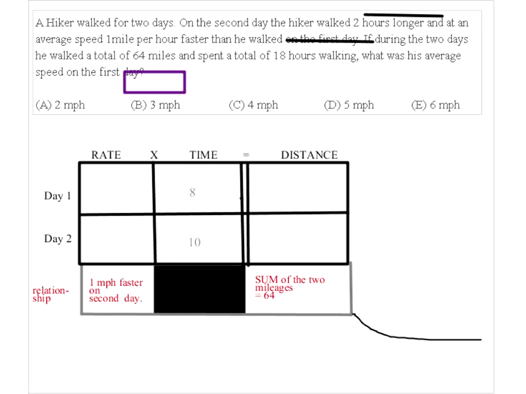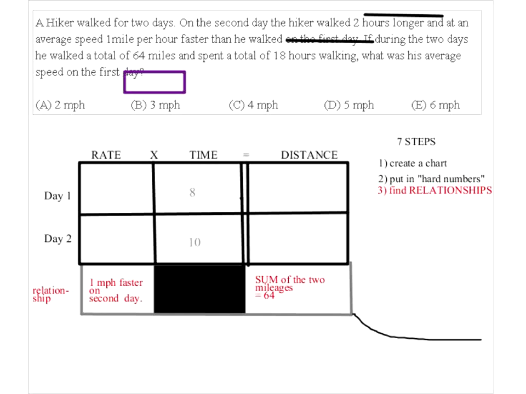So let's give a brief summary of the 7 steps over here. The first one is create a chart. The second one is put in hard numbers. The third one is find relationships. So we've already got those 3. And then step 4 is define a variable.